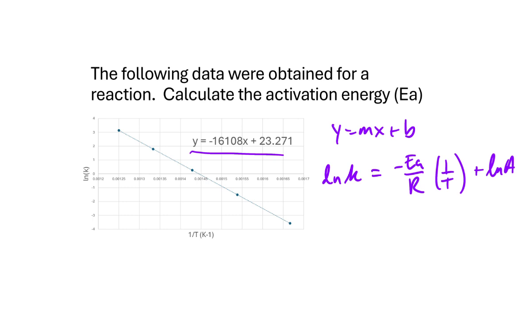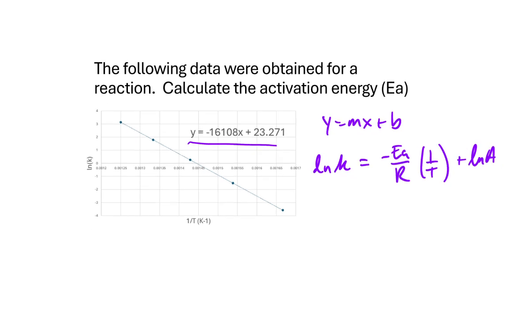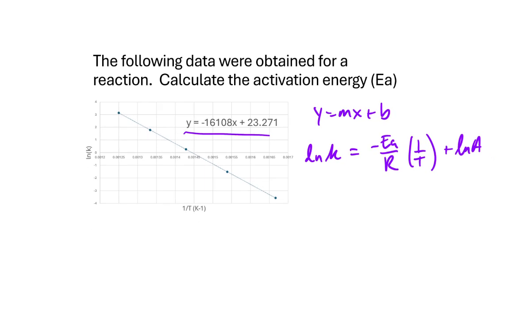So if we're given the slope and we want to calculate activation energy, what do we need to do? So the slope, minus 16,108, is equal to minus EA over R. And which R do we use?